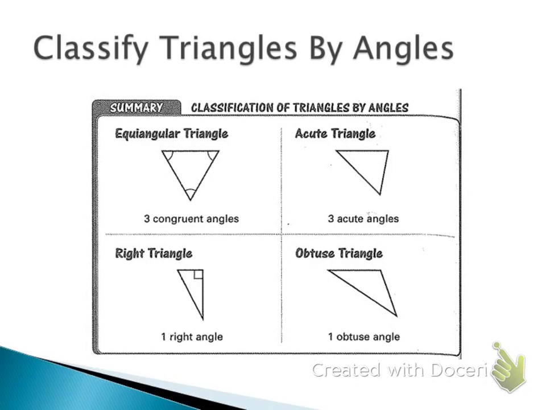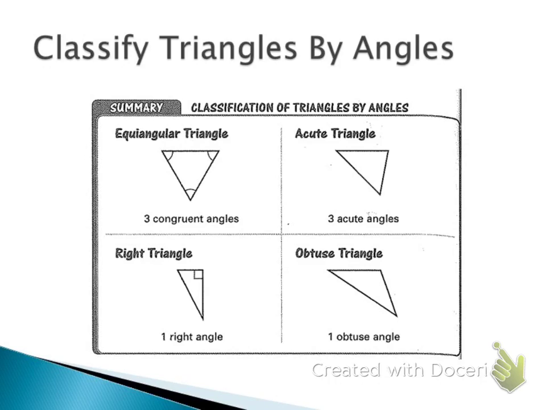Who can remind me what the word acute means? Less than what? 90. Less than 90 degrees. So all 3 angles have to be less than 90 for it to be acute. The different one is obtuse. For it to be obtuse, you just need 1 angle to be obtuse. Obtuse meaning not 180.